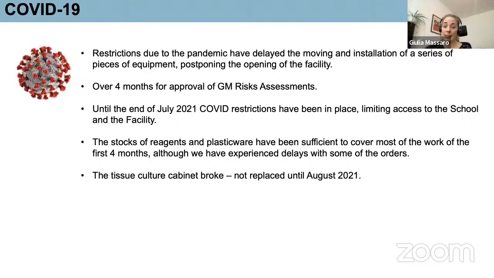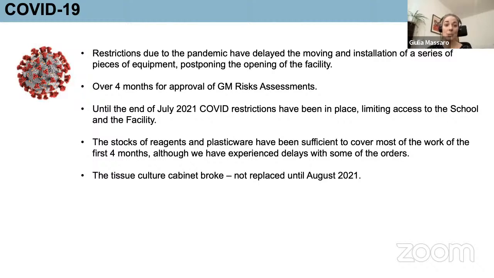Getting the new equipment in and getting the engineer to come and install it was a very long process, and that's why it took us many months to start actually producing vectors since the opening. At the same time, UCL was going through a reshuffling, so the GM safety committee was all around the world, and it was difficult to get hold of them. It took me over 4 months to just get my risk assessment signed off. Until that was in place, I couldn't do literally anything.